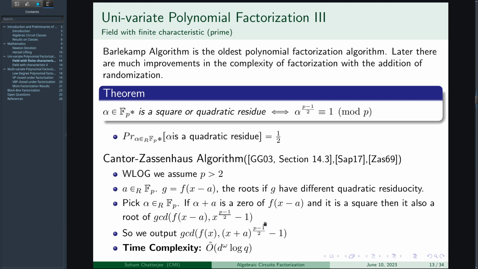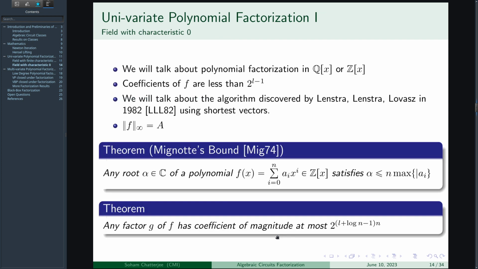We cannot shift it like this, so what we do is take the GCD of f(x) and (x plus a) to the power (p minus 1)/2, minus 1, and it gives us, with very high probability, a factor. So the time complexity is basically O tilde of d to the power omega times log q. Now these two are the main algorithms for univariate polynomial factorization in finite characteristic.